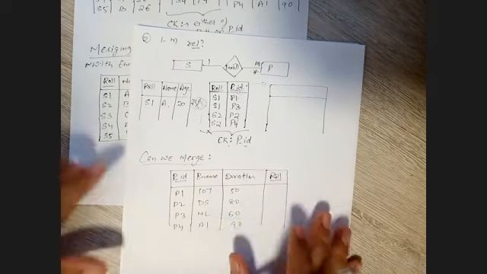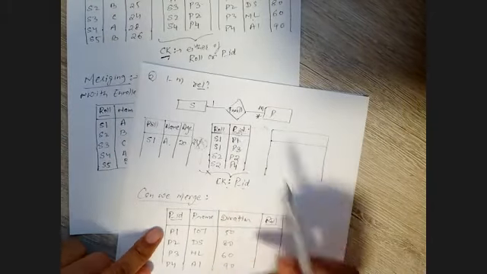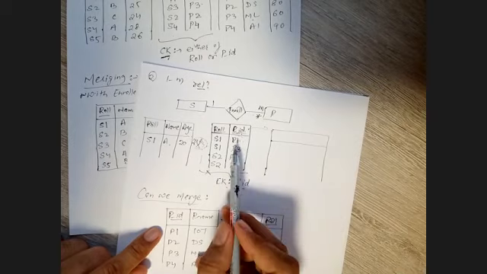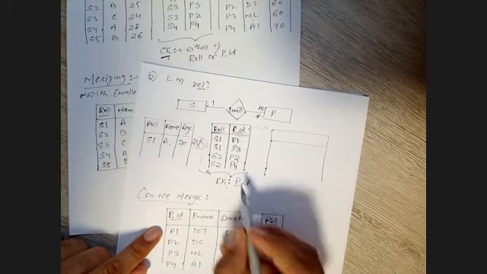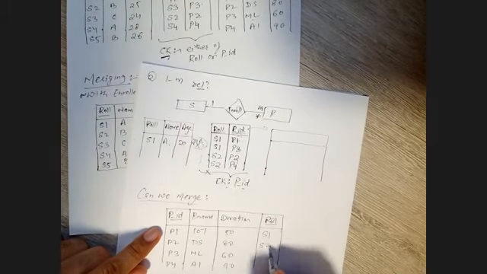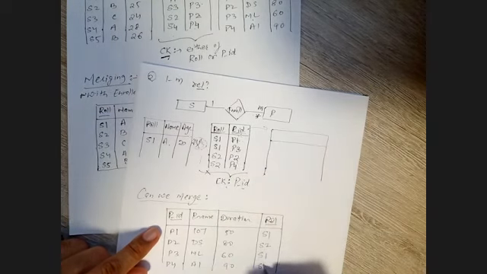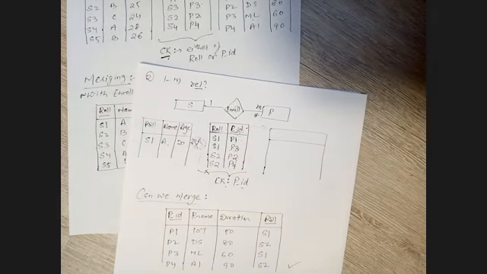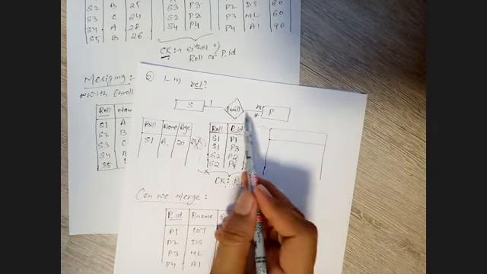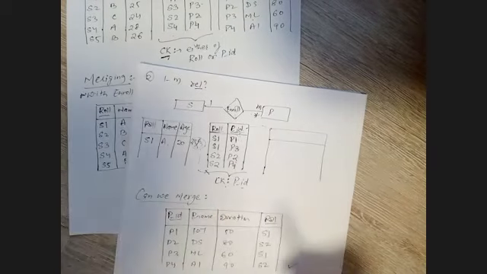Now, filling the roll number attribute: P1 is in S1, P2 in S2, P3 again in S1, and P4 in S2. This is how we can make the merged table of enroll with the project entity.